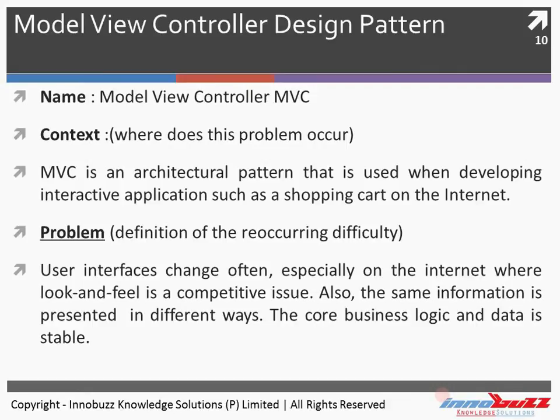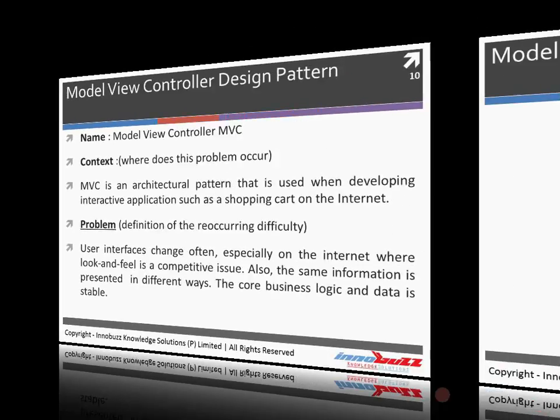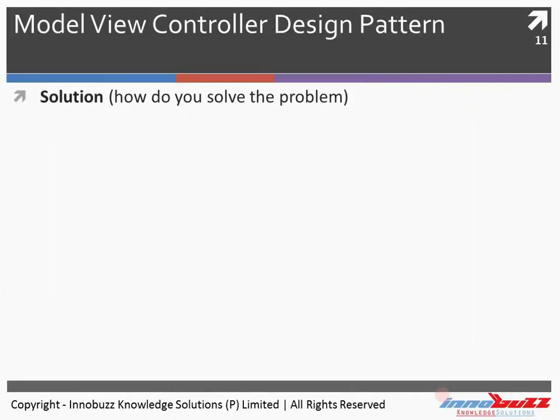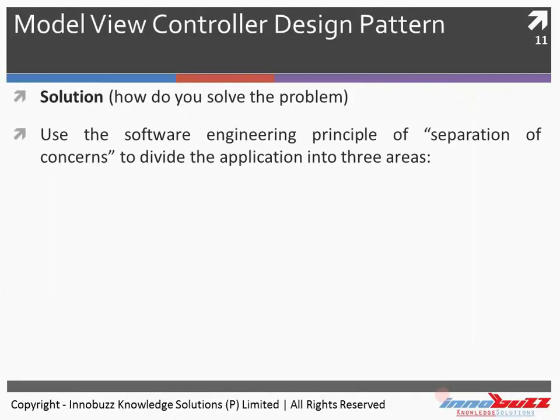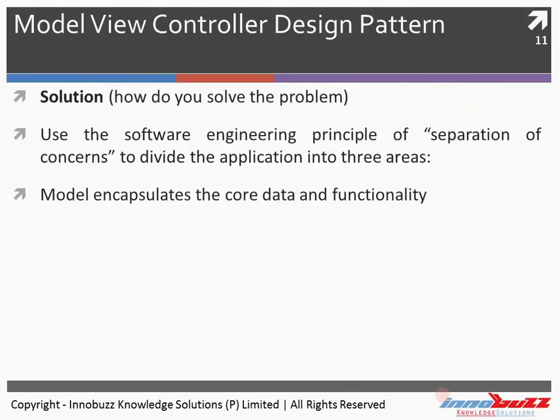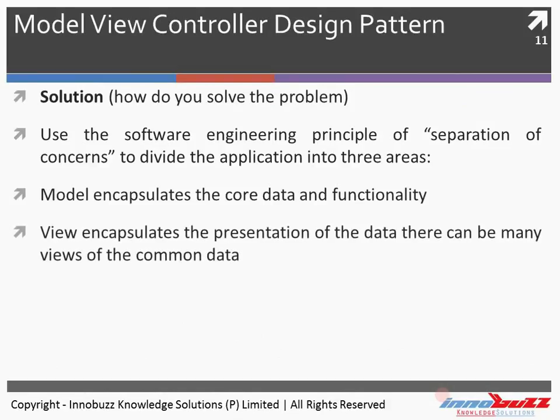This is a kind of problem which you can face when developing any enterprise application. So let's see the solution using the Model View Controller design pattern. The solution is to use the software engineering principle of separation of concerns to divide the application into three areas. That's where the Model View Controller design pattern came in as a solution for developing enterprise applications. The model encapsulates the core data and functionality.